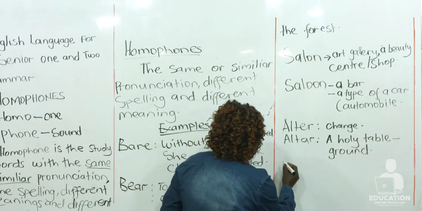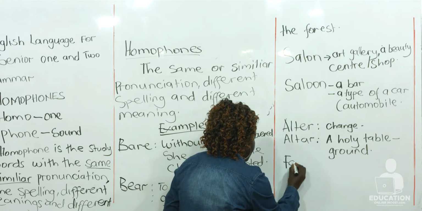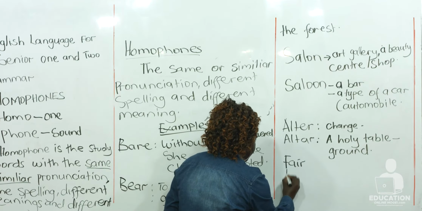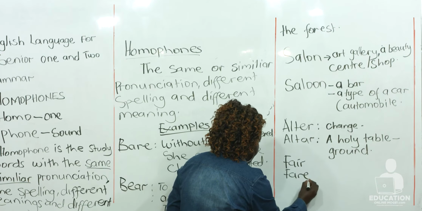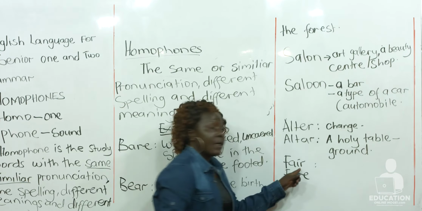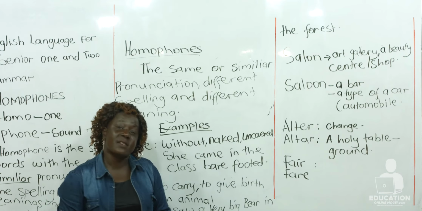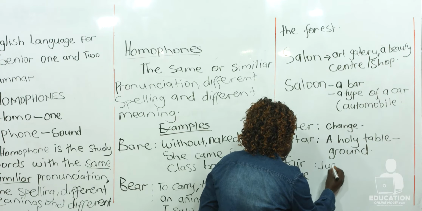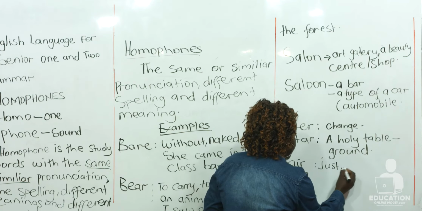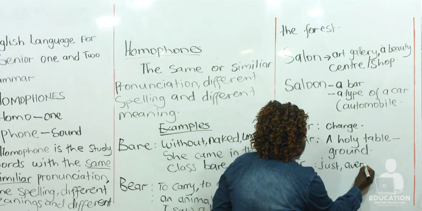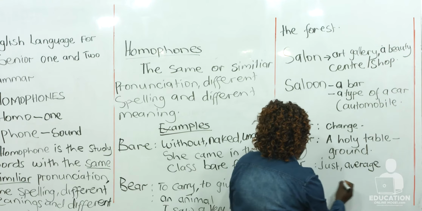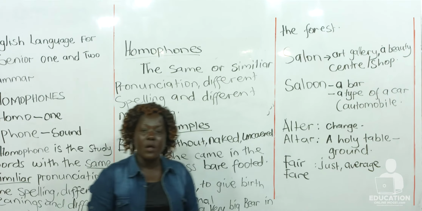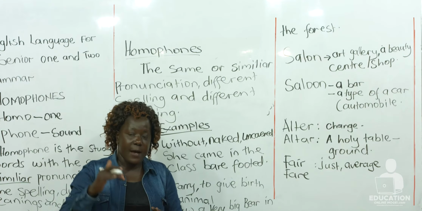Look at this pair again. Fair and fare. The first one means to be just. It can mean average. Example, you can say, your work is fair.